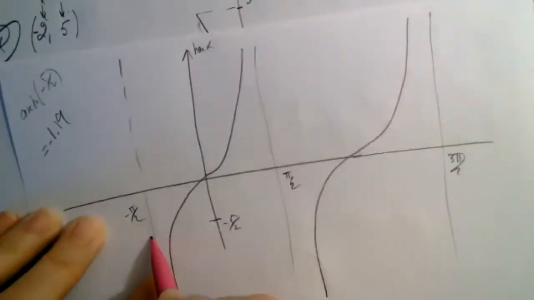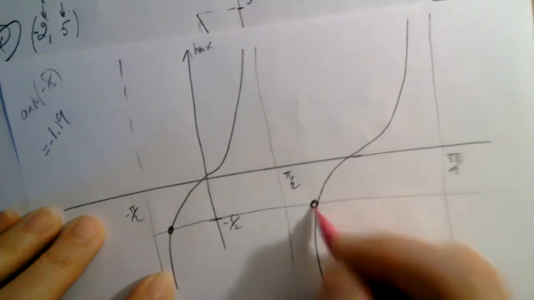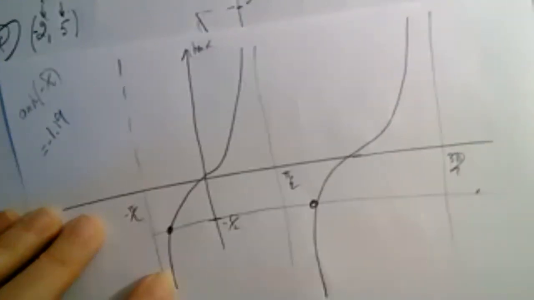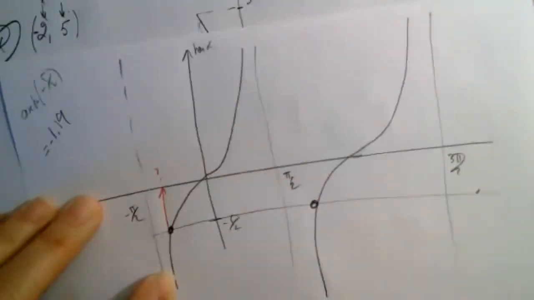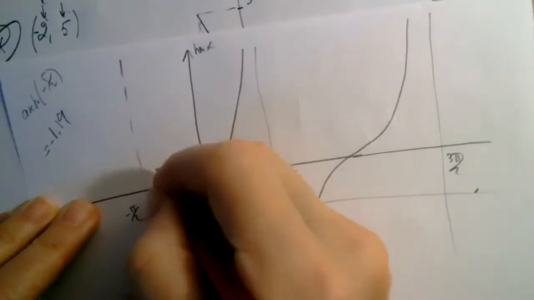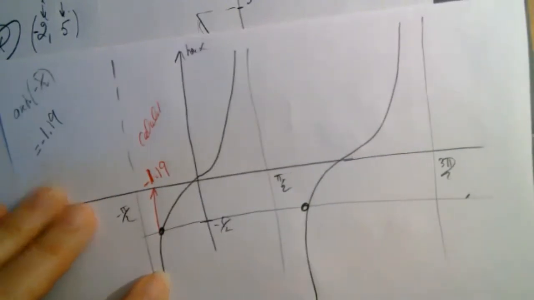That's the tangent graph. There are a lot of angles that have tangent minus 5/2. There is this one, there is this one, and there is that one. Your calculator will give you the one between minus pi over 2 and pi over 2. It doesn't give you everything, it gives you one value.